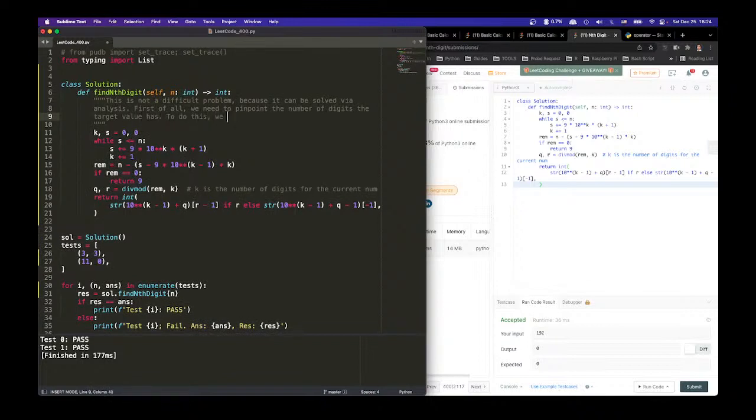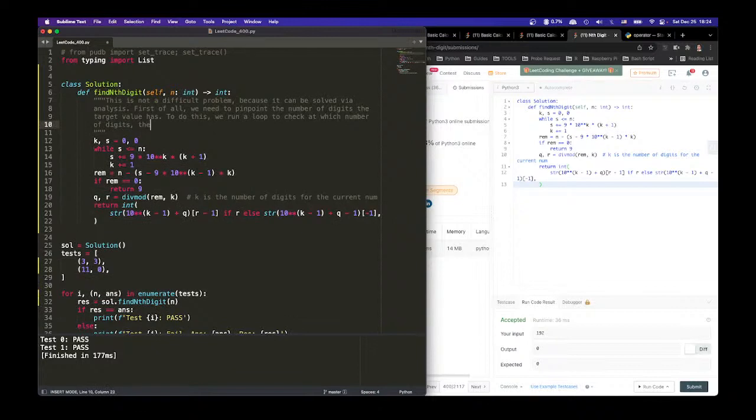To do this, we run a loop to check at which number of digits the total sum of digits exceeds n, right?